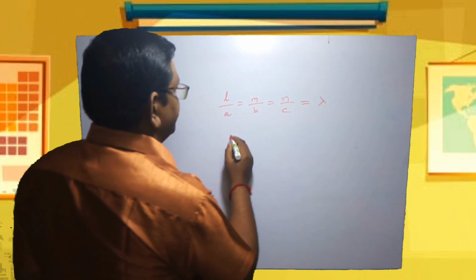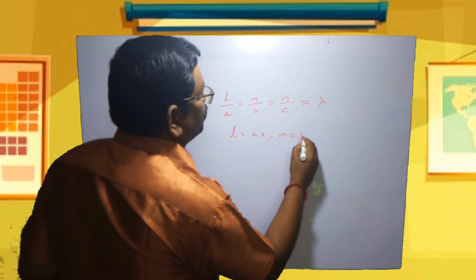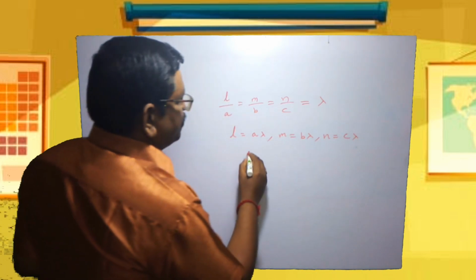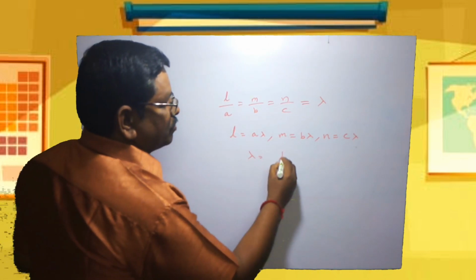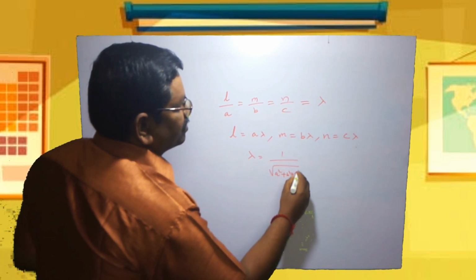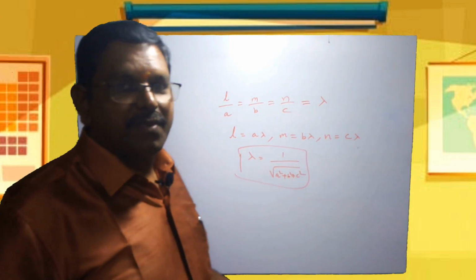Now if we take it, l is equal to a lambda, m is equal to b lambda and n is equal to c lambda. From this we found lambda is equal to 1 by square root of a square plus b square plus c square. Already we found it in our previous video.